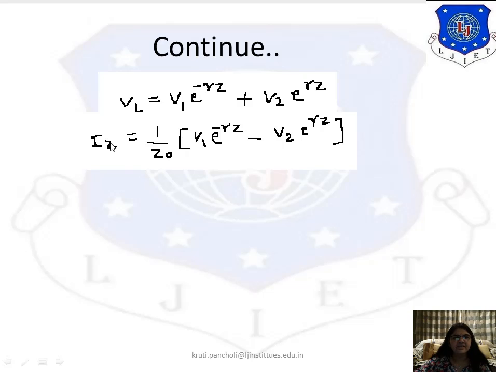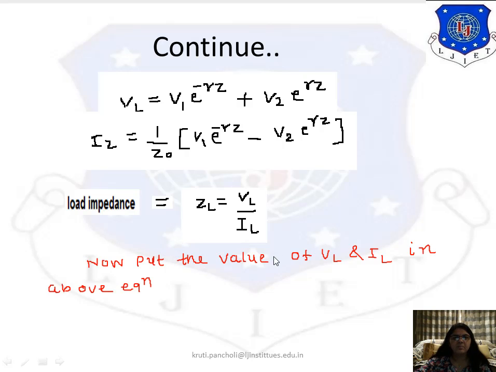So IL is equal to the voltage divided by Z0, which is 1 upon Z0 times V1 e raised to minus gamma Z minus V2 e raised to gamma Z. Now the load impedance ZL is equal to VL upon IL. Now put the values of VL and IL in the above equation.